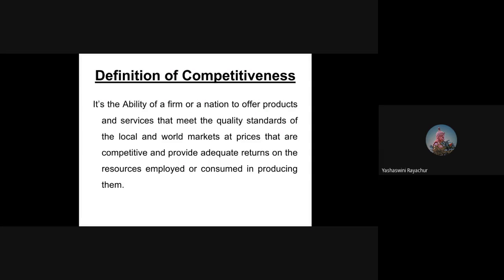It also talks about providing adequate returns on whatever resources have been used and consumed while producing the product or services. So whatever inputs you have received in producing those products and services, those inputs in the form of resources should also give you more return. Fine.